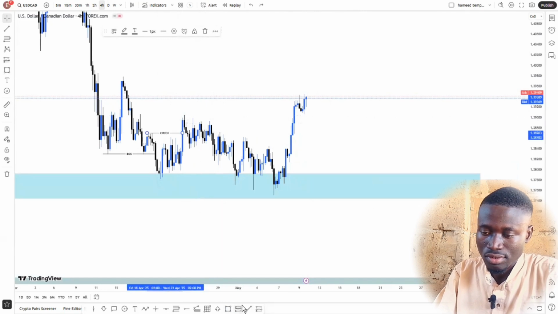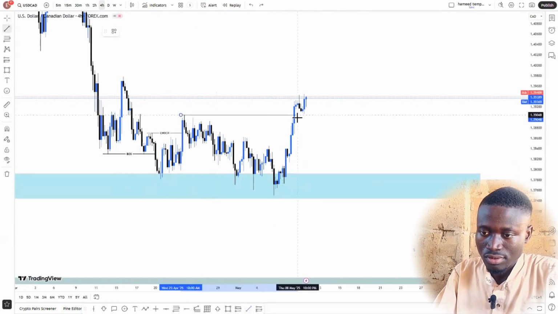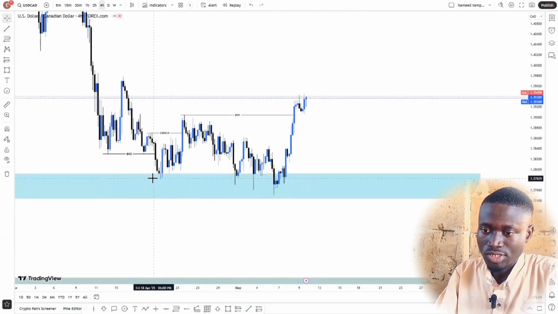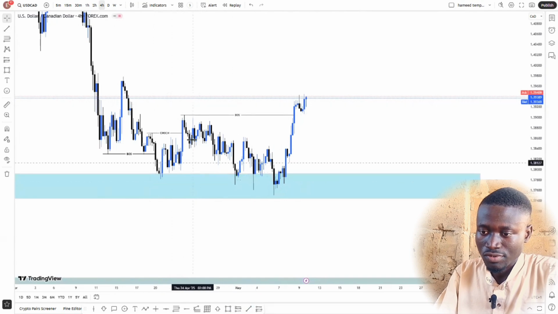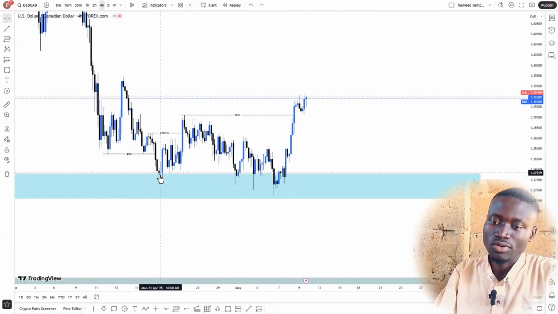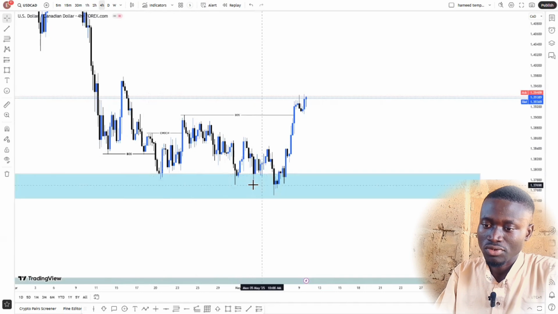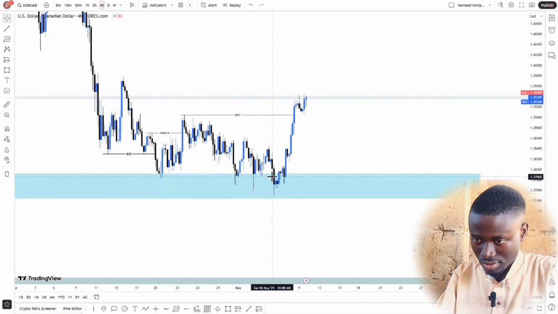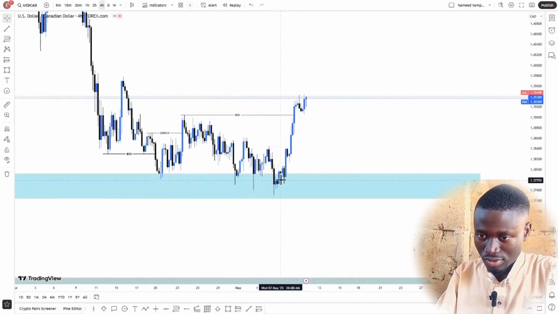Okay, no. It should be our EOS. And then we have a structure. I would have said this one is a change of character, but we don't have any break of structure around here. So we are going to use this one, that is the last one, because after this break of structure, there is no structure that was breaking to the downside other than this one. Let's see. I think we have this one.